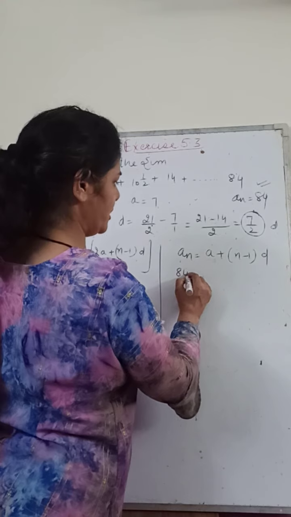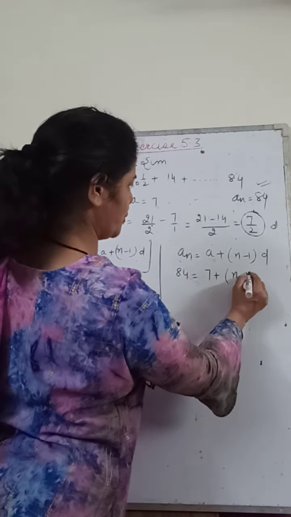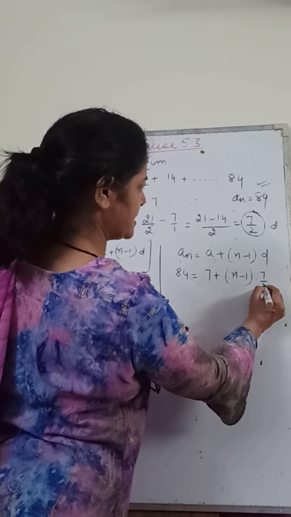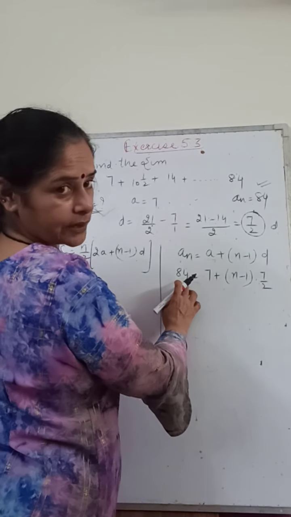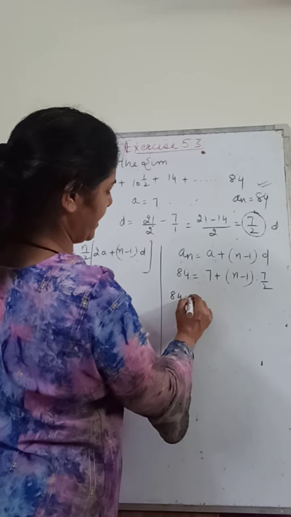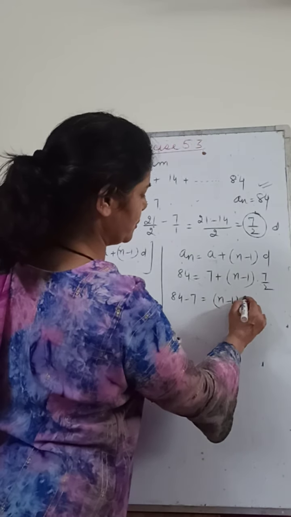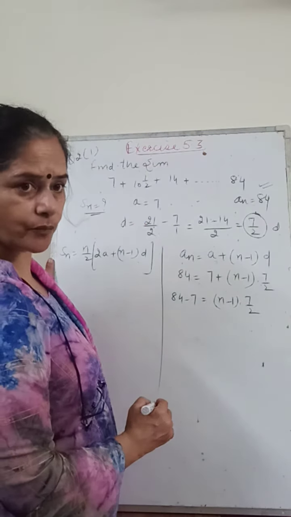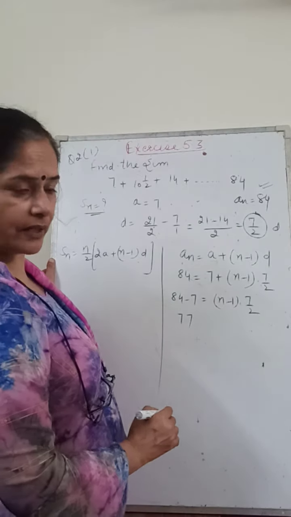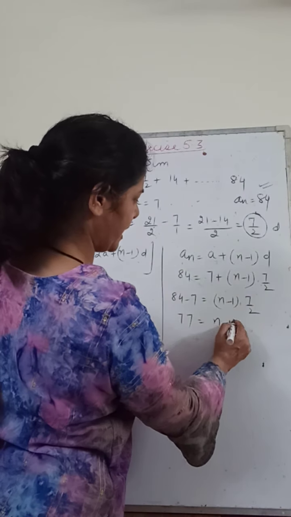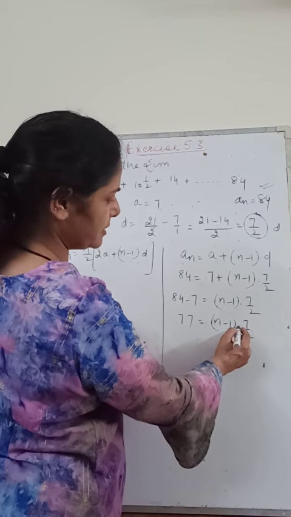So how will you do it? an is 84, a is 7 plus n minus 1 into d, which is 7 upon 2. This 7 will come to this side. 84 minus 7 is equal to n minus 1 into 7 upon 2. 84 minus 7 is 77 is equal to n minus 1 into 7 by 2. This is a multiplier.